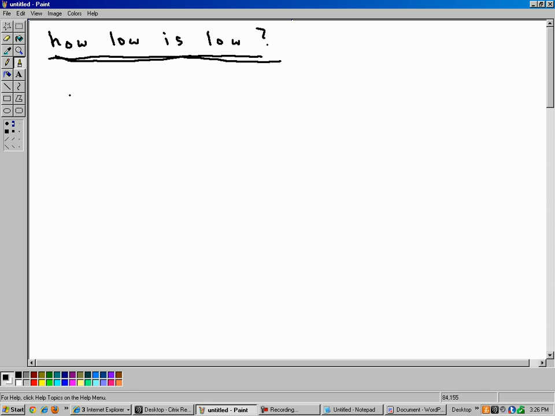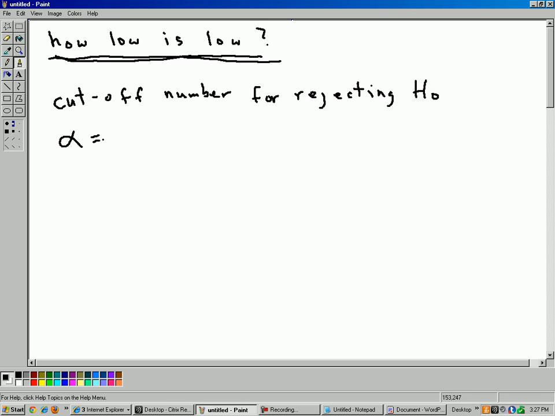So basically, there has to be some cutoff number to make you decide to reject the null hypothesis. And this number is called alpha. It's a lowercase Greek letter alpha. In general, the most commonly used number is 0.05.